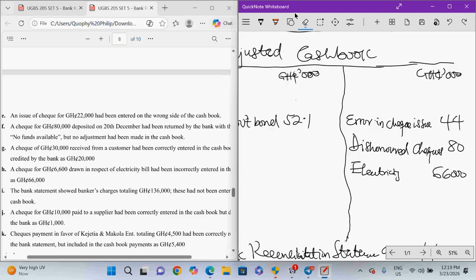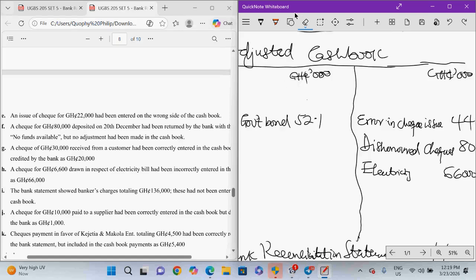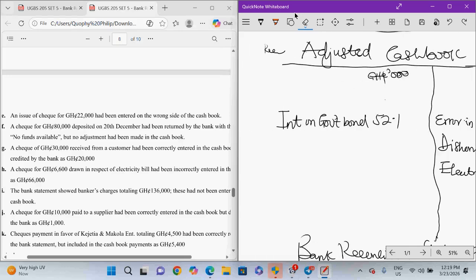This is what they did. Record it at the opposite side. So I'm going to record here, electricity overcast. It has been overstated, so overcast.